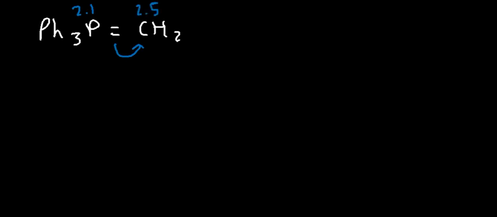So keep in mind the ylide has another resonance form. So I'm going to redraw it. Carbon is more electronegative than phosphorus. I believe the electronegativity of phosphorus is 2.1 and that of carbon is 2.5. So because carbon is more electronegative, when one of the bonds breaks between phosphorus and carbon, the electrons will go towards the carbon atom.